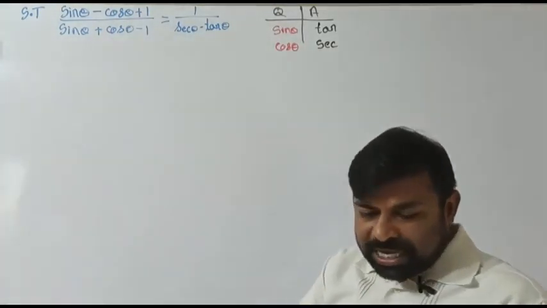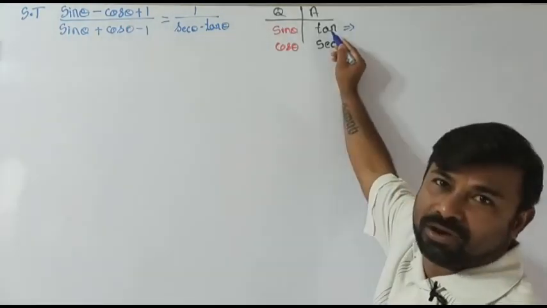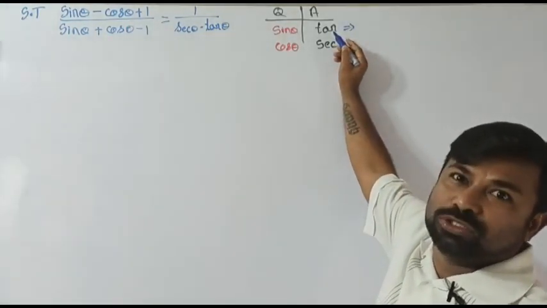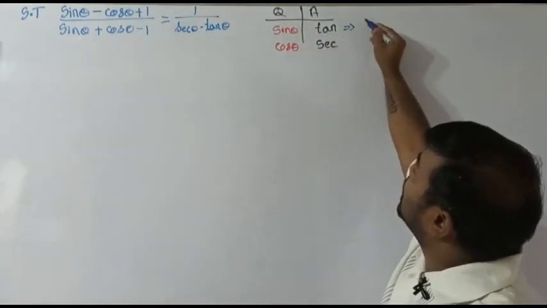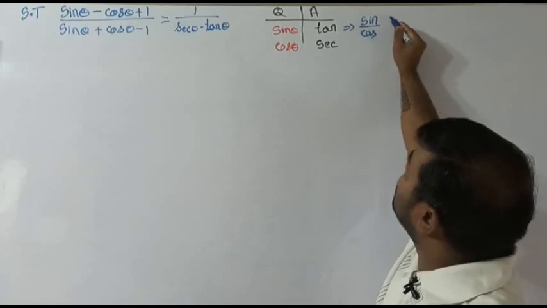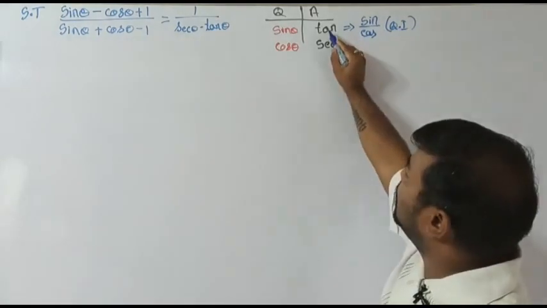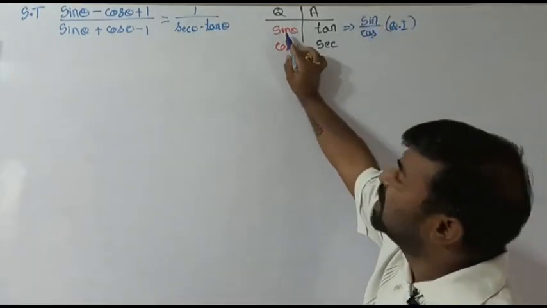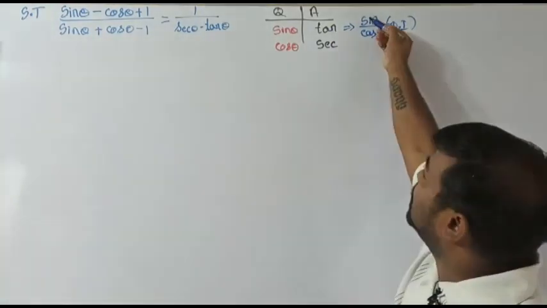Now, how do we reach that? How can we get back to tan? If we use the quotient identity, tan is nothing but sine by cos. So sine can be converted into tan with the help of the quotient identity, sine by cos.